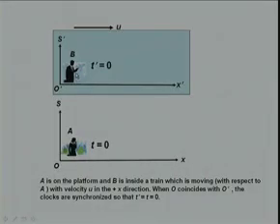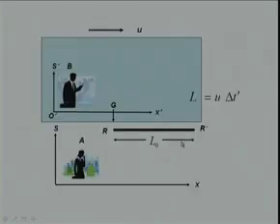A is on the platform and B is inside the train, which is moving with respect to A with velocity u in the plus x direction. Now, A is holding a rod which is of length L0. I have a pointer coming out of the window at a fixed space point in my frame of reference.